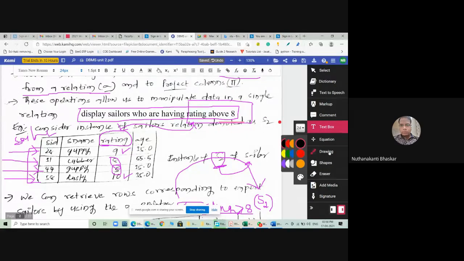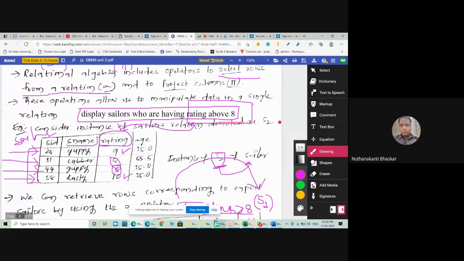But I want to display only sailor name and rating. Only these two I want to display.